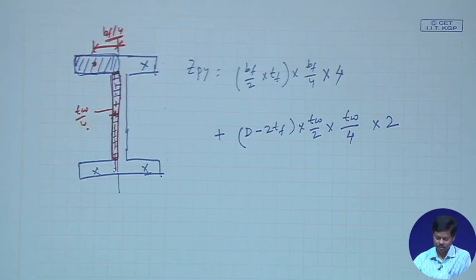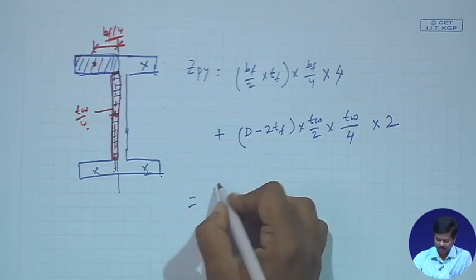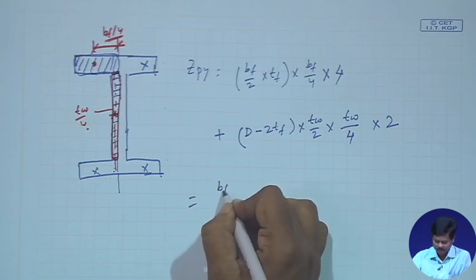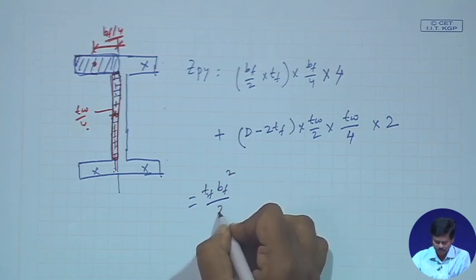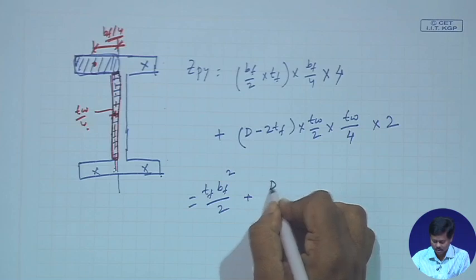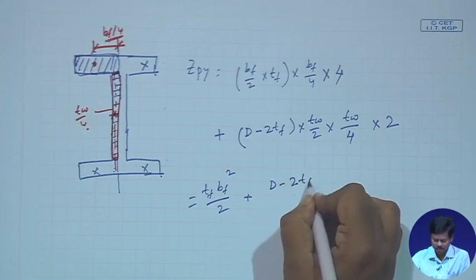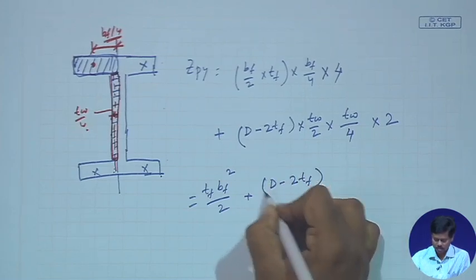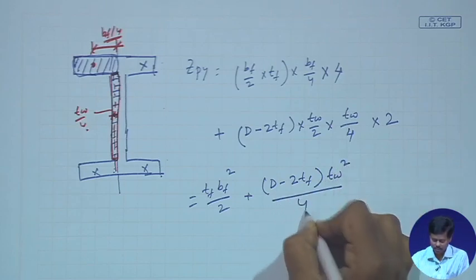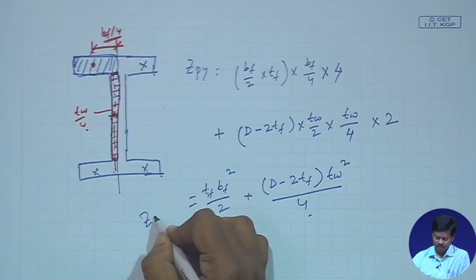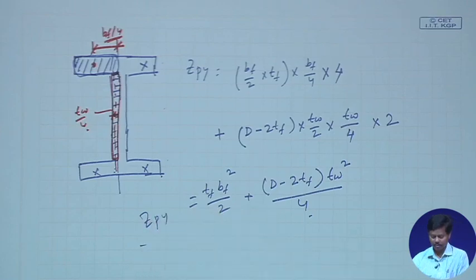So, into 2. After simplification we get T f into B f square by 2 plus (d minus 2 T f) into T w square by 4. So, Z p y value we can find out.